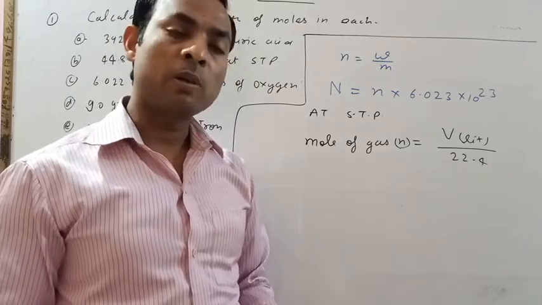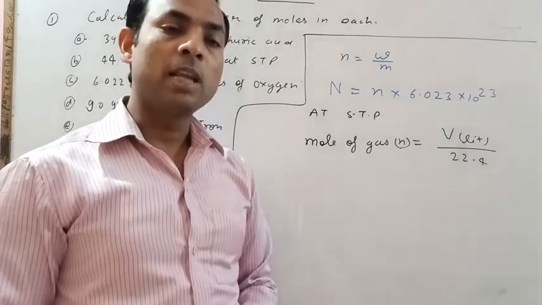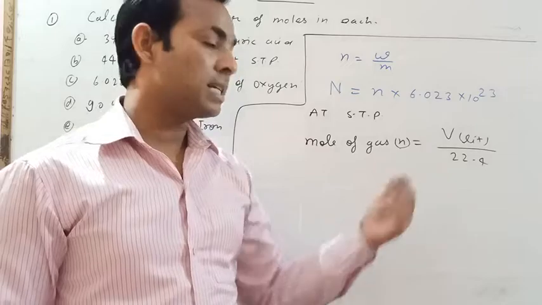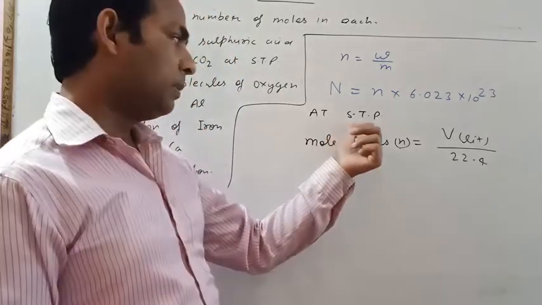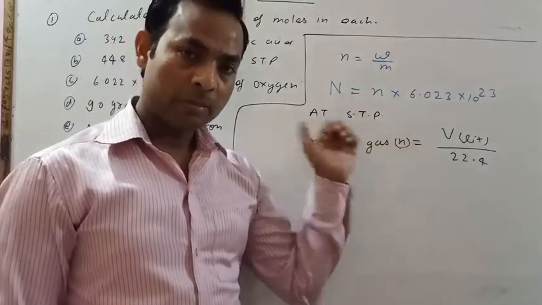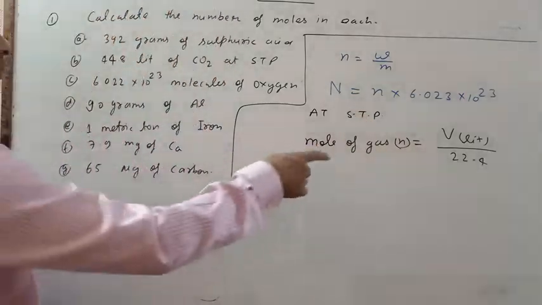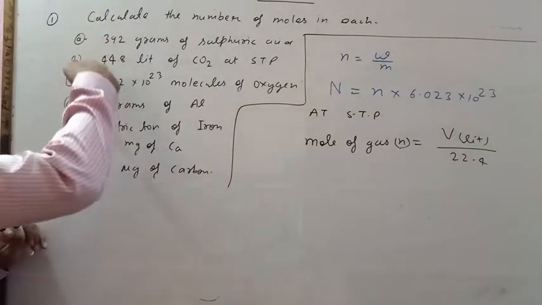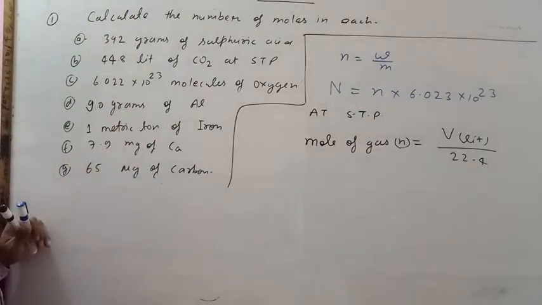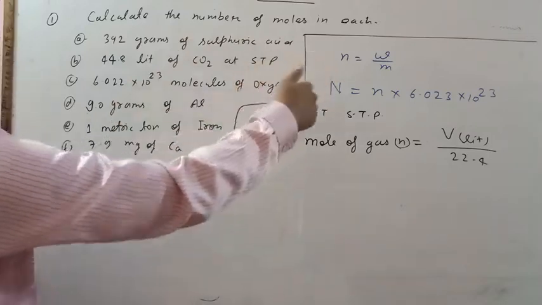By using this formula, we can easily calculate the number of gaseous moles at STP or NTP. STP means standard temperature pressure. These three formulas are very useful for calculating all these questions. So first take a screenshot of the questions and the formulas.